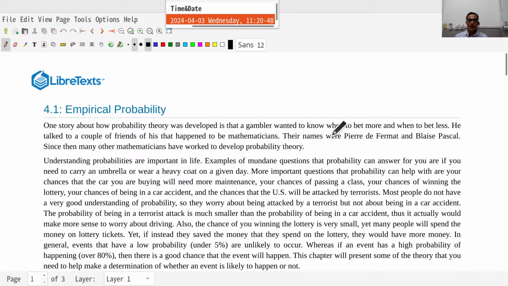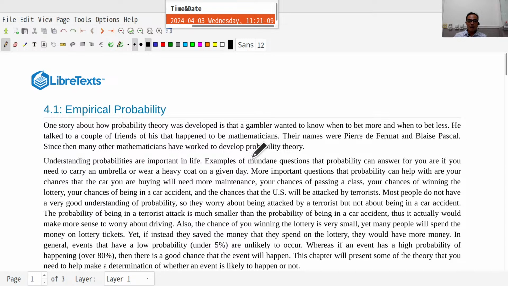Their names are Pierre de Fermat. I don't know how to read the French. Since then, many other mathematicians have worked to develop probability theory.